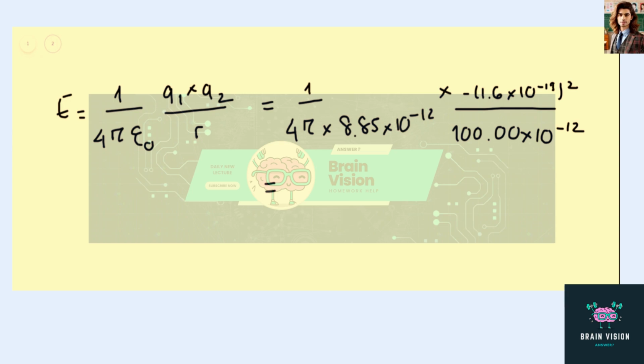So the product of this is 2.3 times 10 to the minus 18 joule.